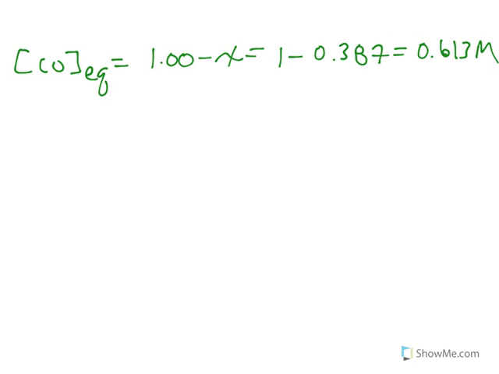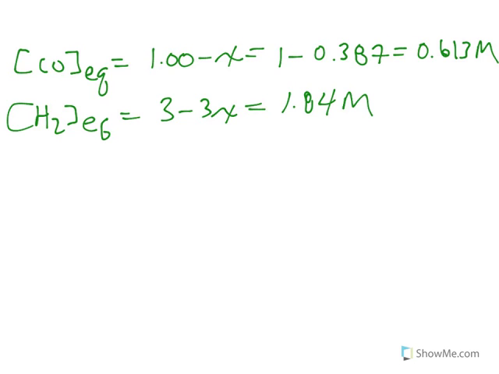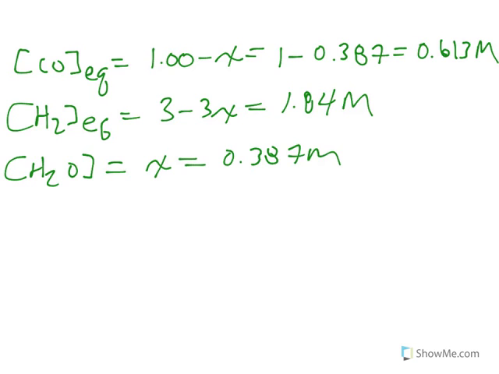The concentration of H2 at equilibrium was 3 minus 3X, which, punching in a few numbers, I get 1.84 molar. And of course, water is the easiest one because they gave it to us: it is equal to X at equilibrium, 0.387 molar, as was methane.